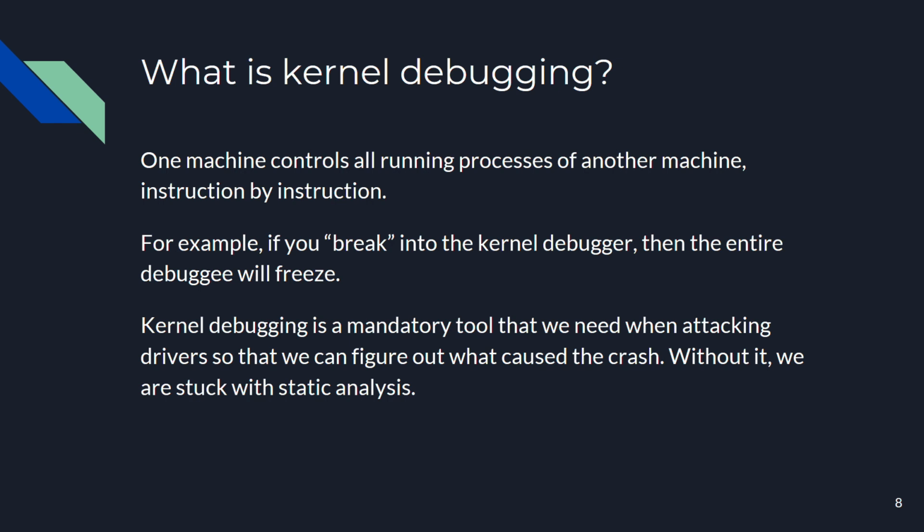One machine, your host, is going to be running the debugger and controlling all execution of our debuggee. So kernel debugging is a mandatory tool that we need so that we're not stuck with static analysis when analyzing the crashes that we find.